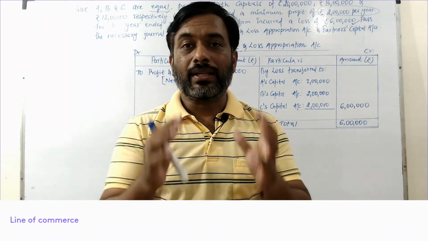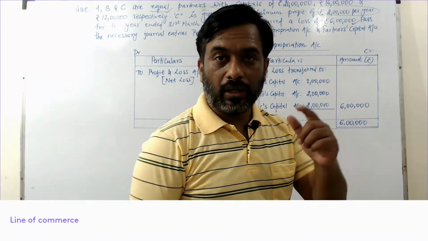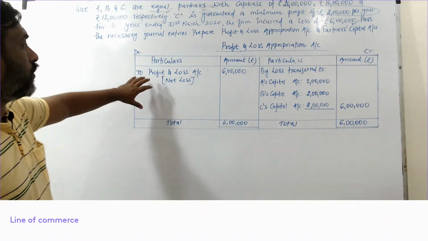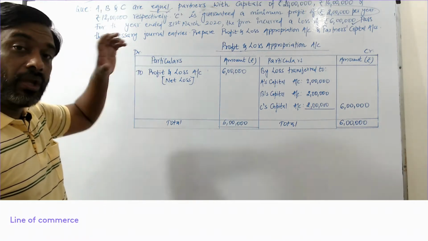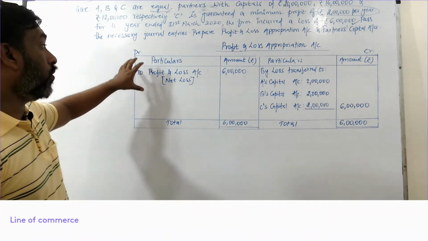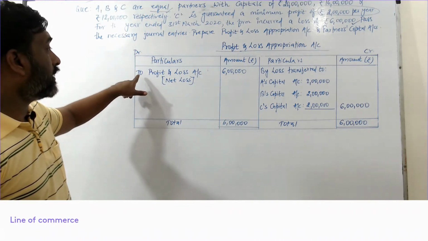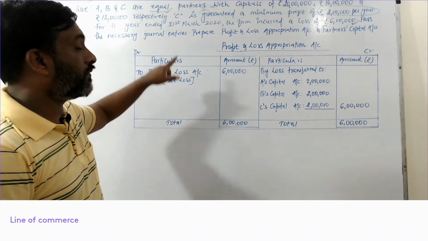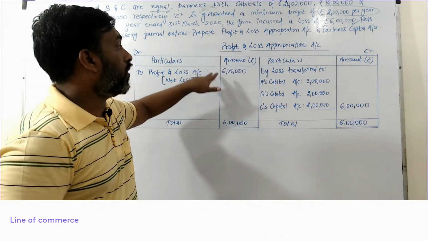So now let us see how to prepare profit and loss appropriation account for this question. The first thing is we need to bring our loss on the debit side of the appropriation account. If you know the journal entries, you know how this account is prepared. So the first thing is to profit and loss account. This is my loss. I transferred my loss from the profit and loss account to the debit side of the profit and loss appropriation account.